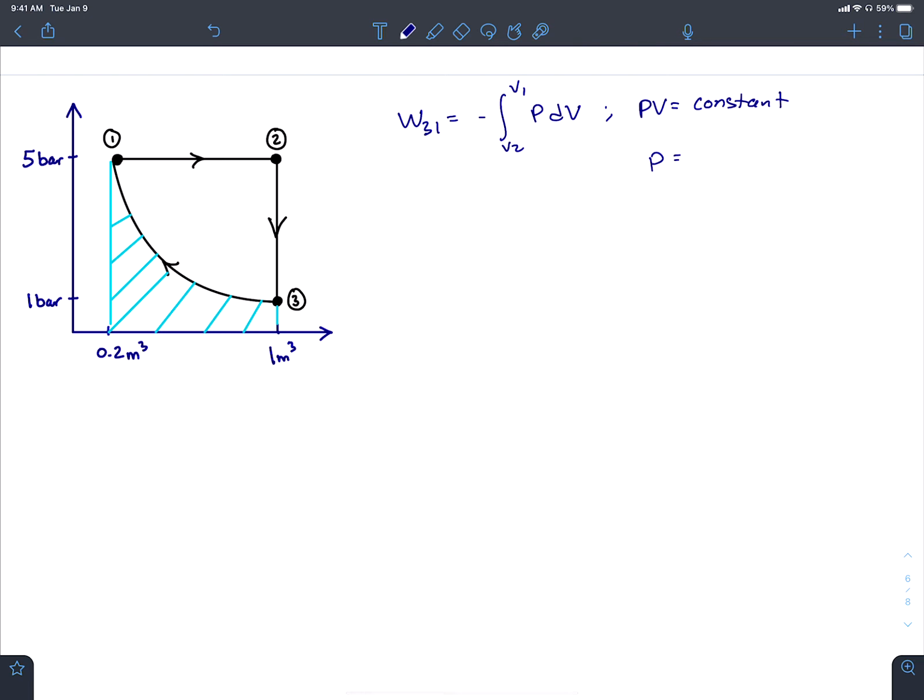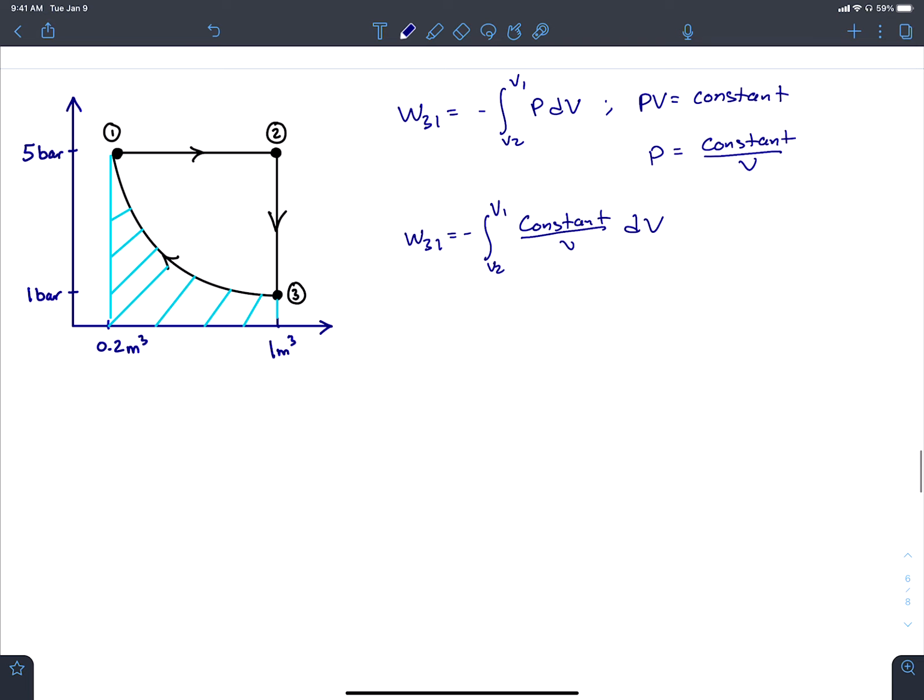Therefore, solving for P, P is some constant over V. So replugging this back in, work 3,1 equals negative integral of some constant over V dV.